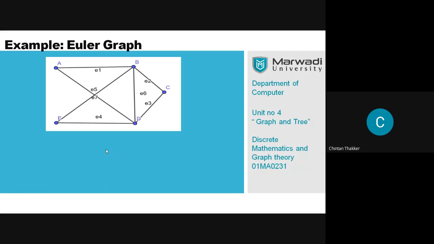See here we have one more example. Now here find the Euler line. Just write the Euler line in a chat box.